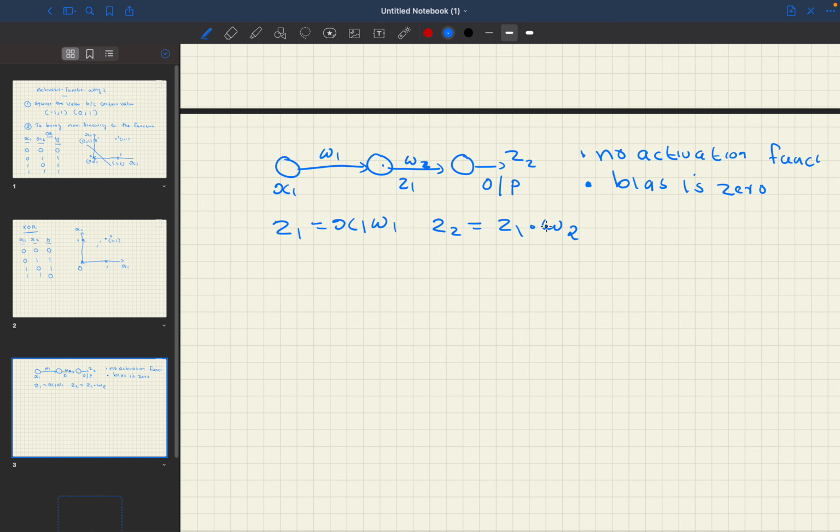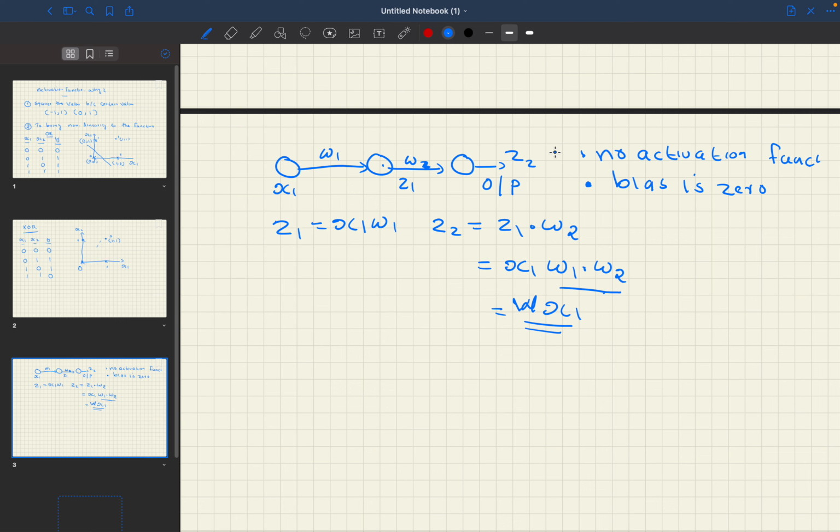Now we can expand this Z1, which is X1 W1, so we have X1 W1 and this is W2. This term W1 W2 is a kind of constant, so we can call it W. So here it will be W X1.